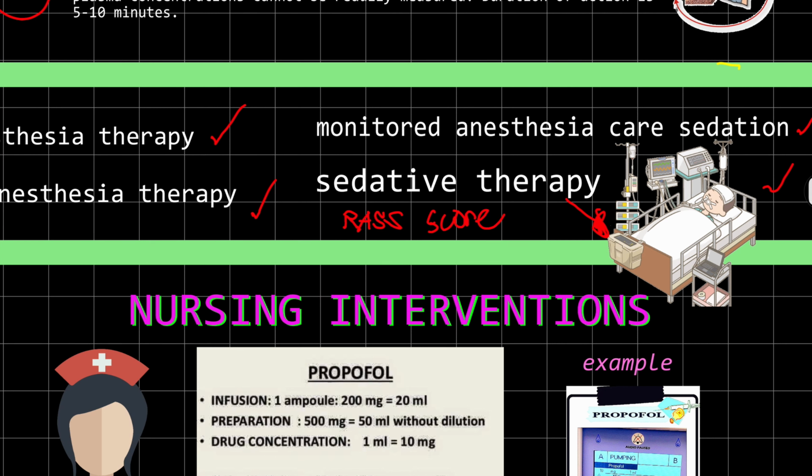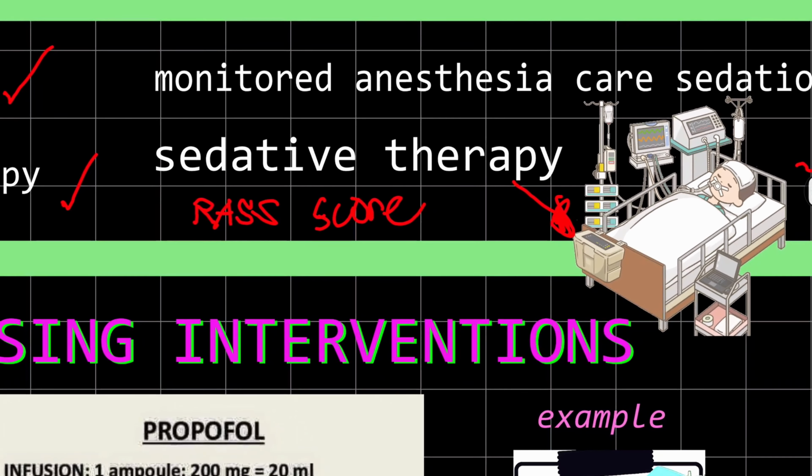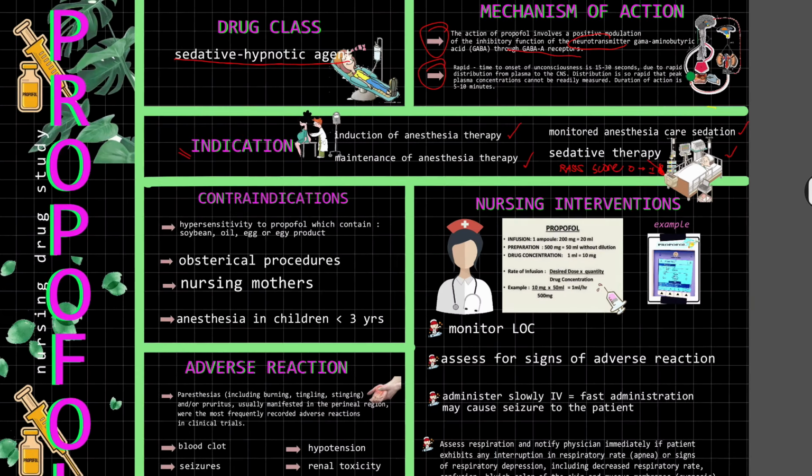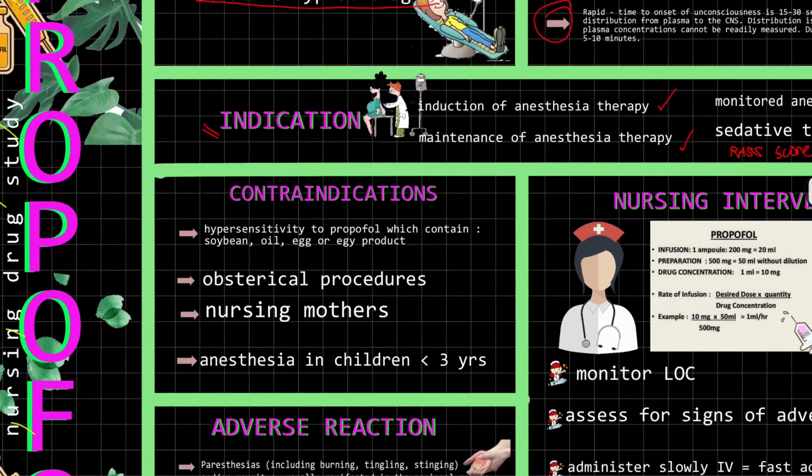RASS is the Richmond Agitation Sedation Scale, and normally the doctor will set a target RASS score for your patient. I believe I discussed this when I discussed ICU drip sedation, so check that one out. But normally the target RASS score is 0 to -1, a slightly sedated patient.